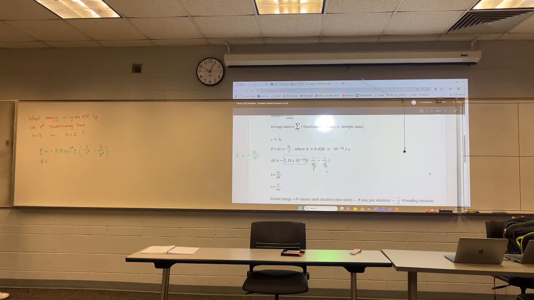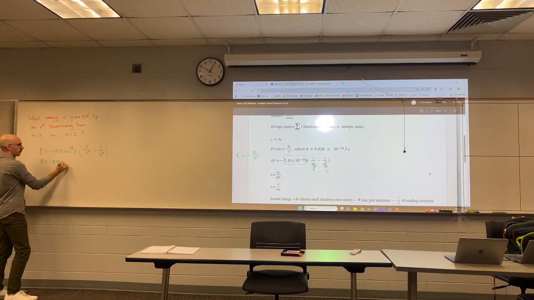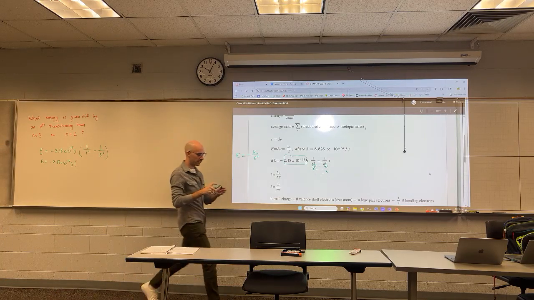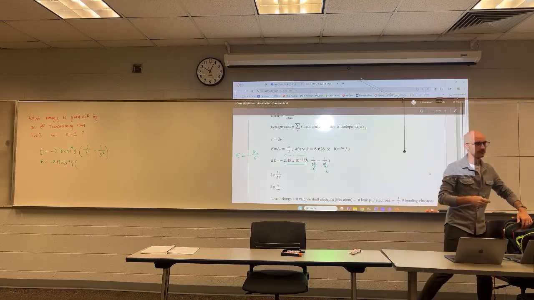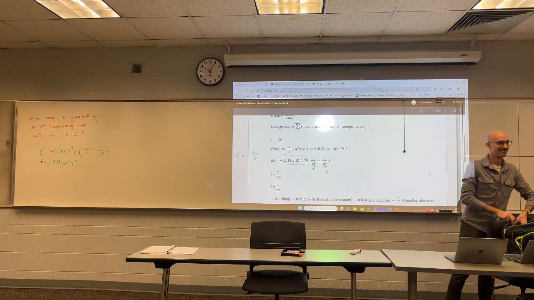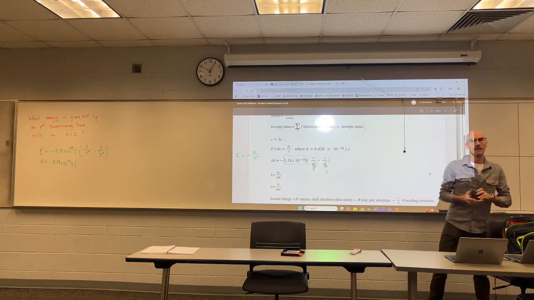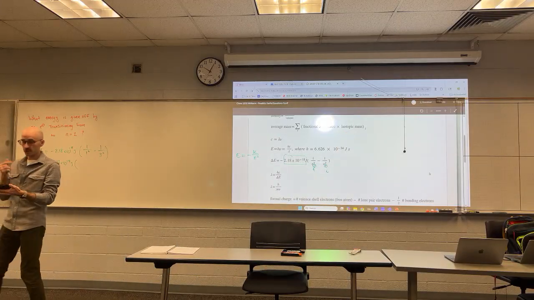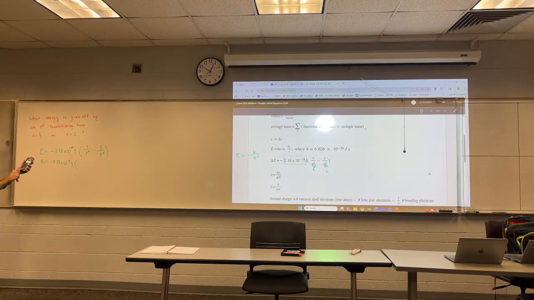If I were you, I would do this in portions in my calculator. I'm going to solve first for what's inside the parentheses. I think we should know what 1 over 1 squared is. 1. Easy there. So I don't have to plug that into anything. So what I'm actually going to do is do 1 over 3 squared.